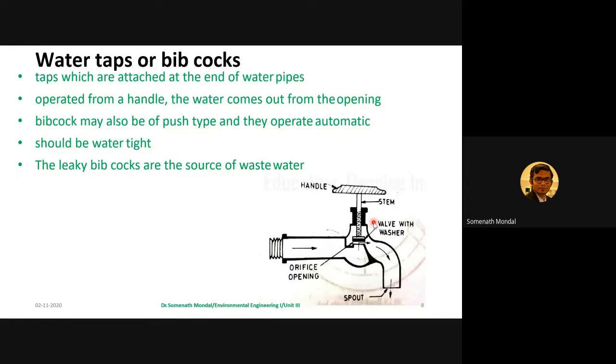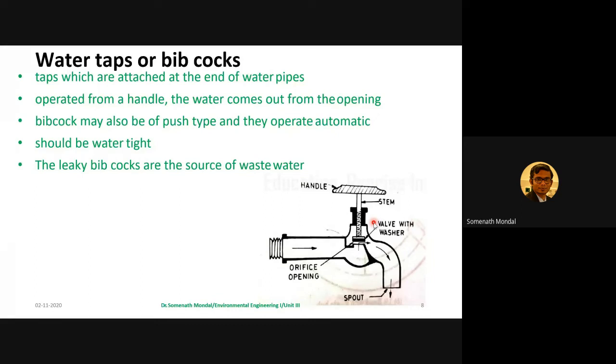So that is the reason you should always ensure that the bibcock which you are attaching at the end of your service pipe is absolutely free from any leakage, and to ensure that, rubber and leather washers are used to proof it against any sort of leakage.